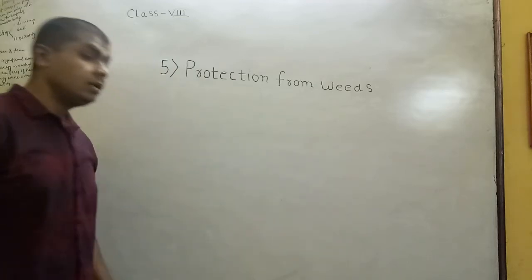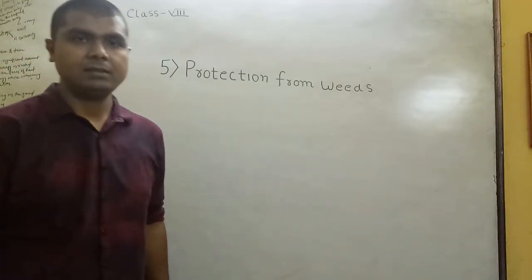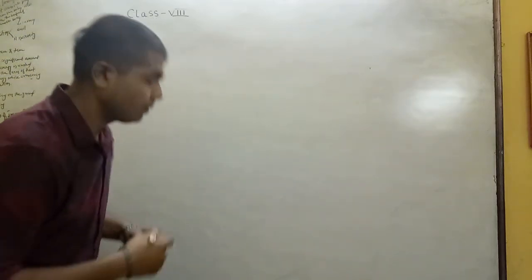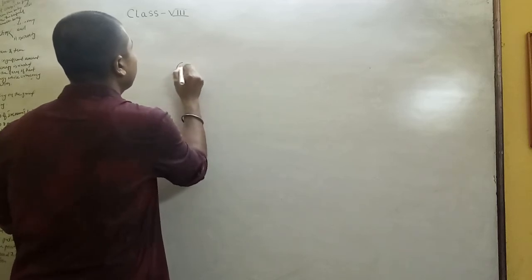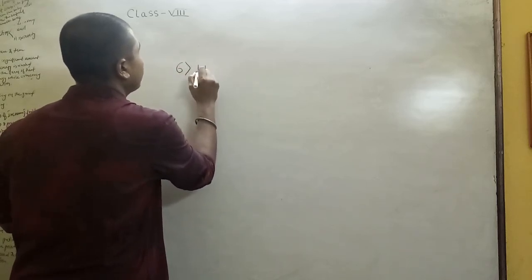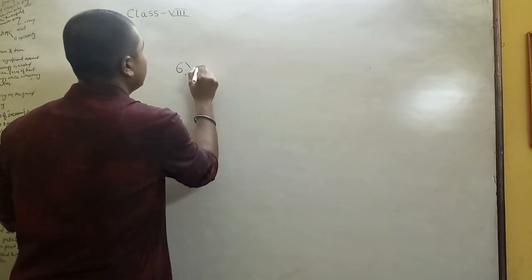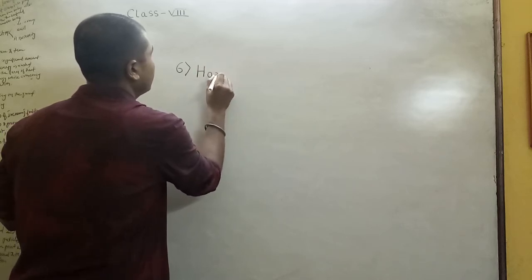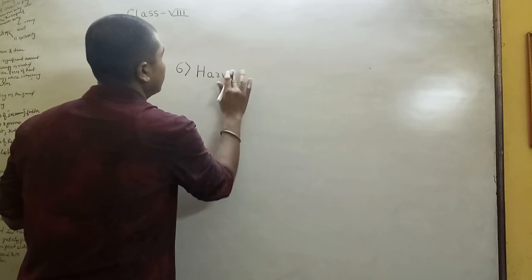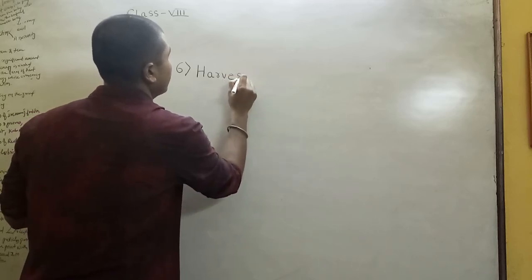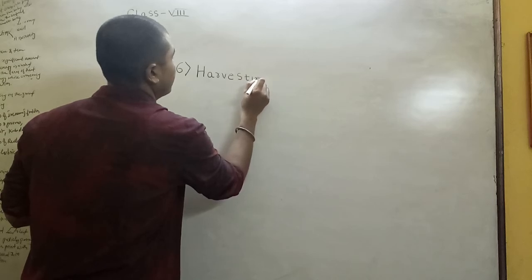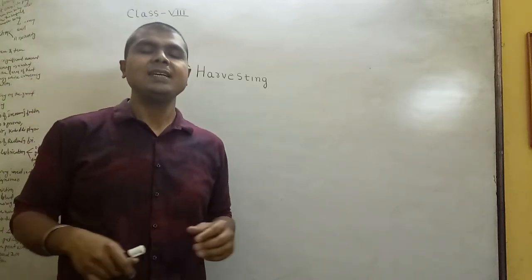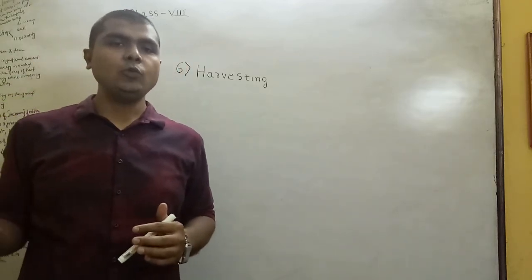Now the next topic will be harvesting. In this method, after a fixed interval of time, say 3 or 4 months, the plants ripen and need to be cut.